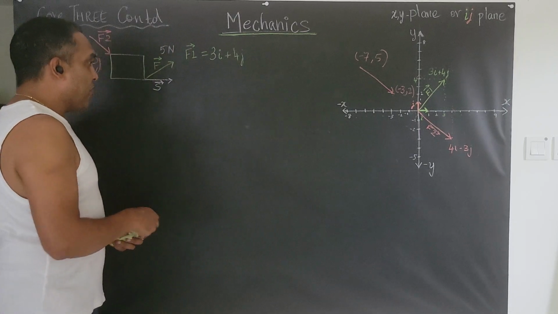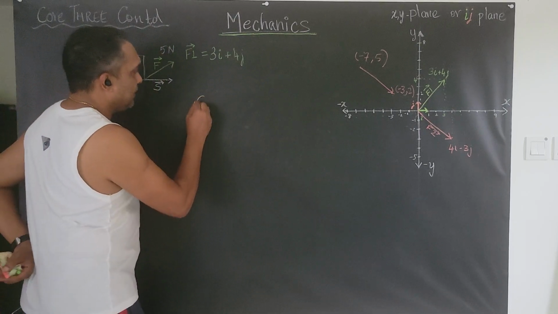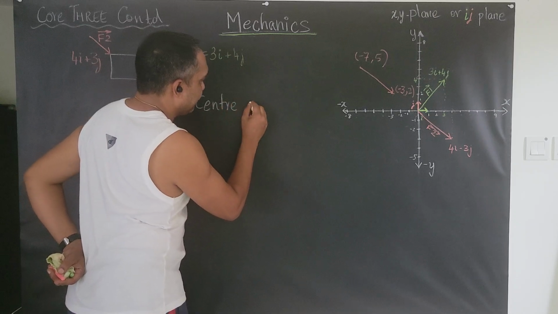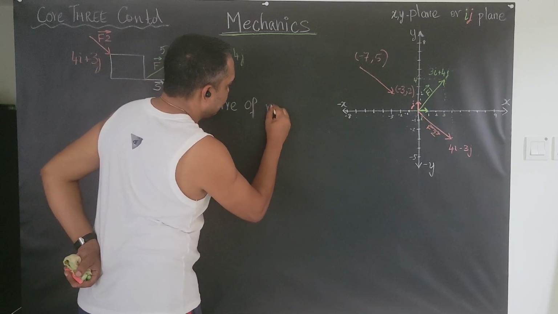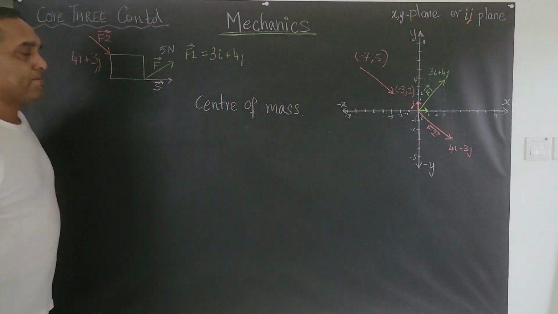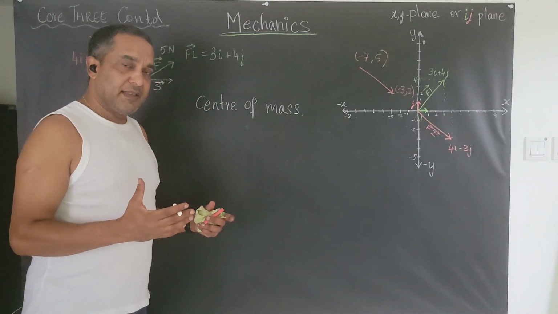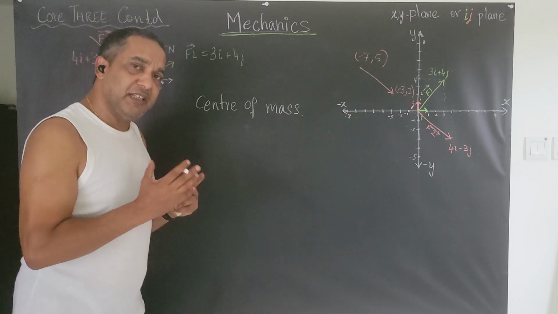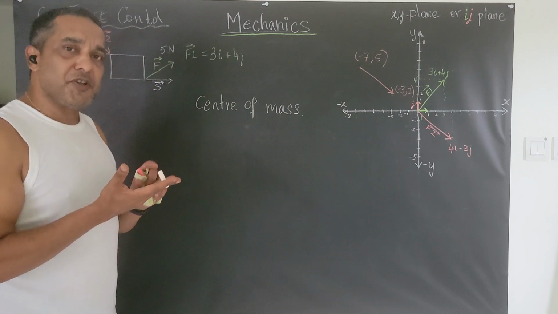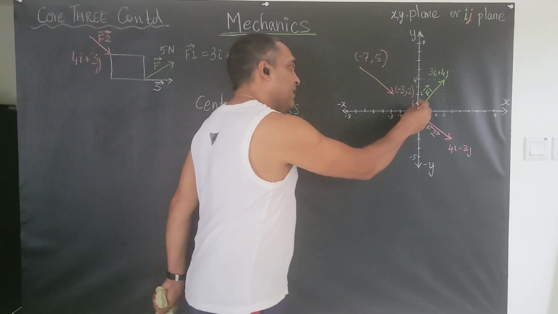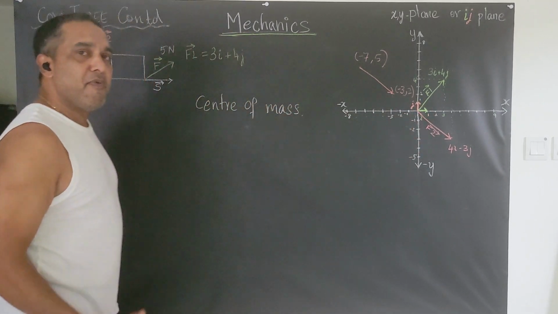I'm just going to make a note of that. It's a concept, the center of mass. It's like one imaginary point within the object where all forces that are acting on it somehow seem to have their basis, their starting point.